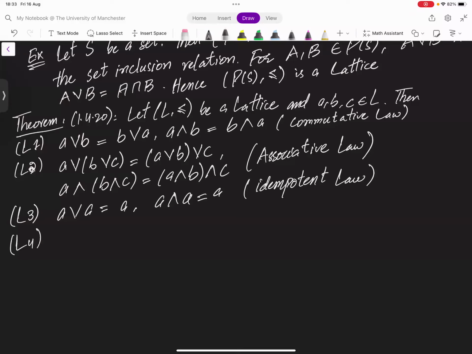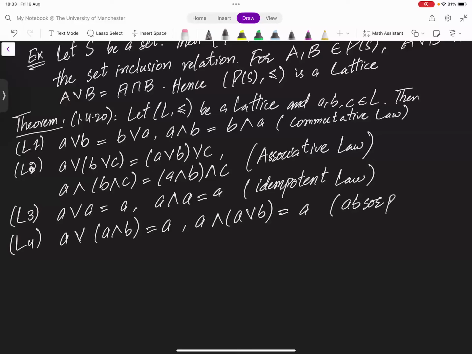And there is L4, which says that A greatest lower bound A least upper bound B is also A, and A least upper bound A greatest lower bound B is also A, and this is the absorption law.